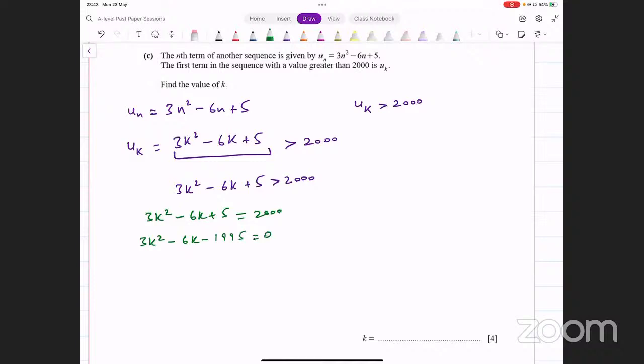Let's see if we can factorize this. 1995 divided by 3. अच्छा पहले तो simplify कर लेते हैं. It's going to be k² minus 2k minus 665 equal to 0.